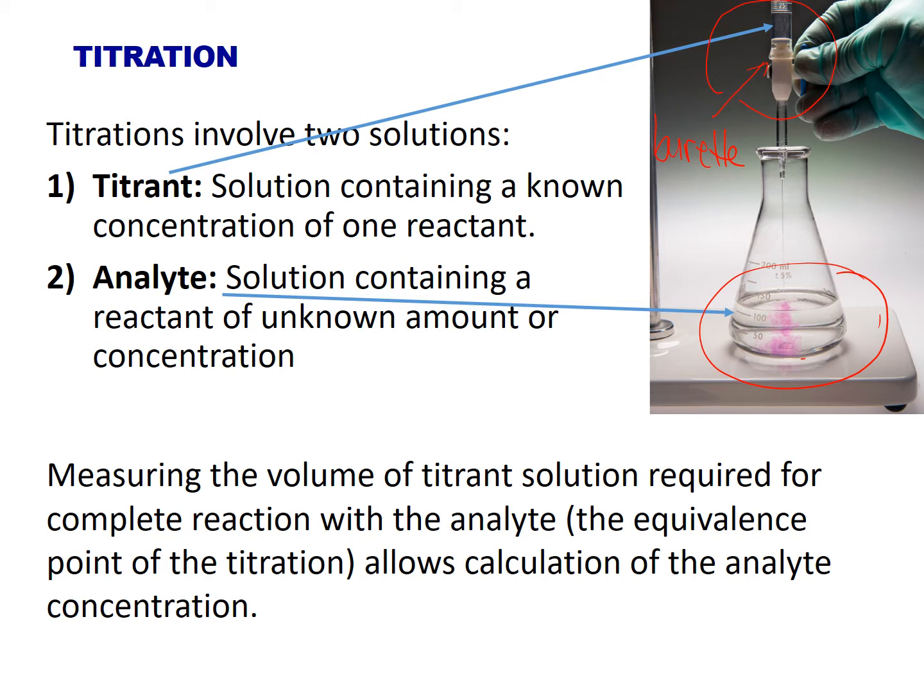So for acid-base titration, what causes this color here is an acid-base indicator called phenolphthalein. Of course, you could use other indicators, but the most common one in chemistry labs will be phenolphthalein.